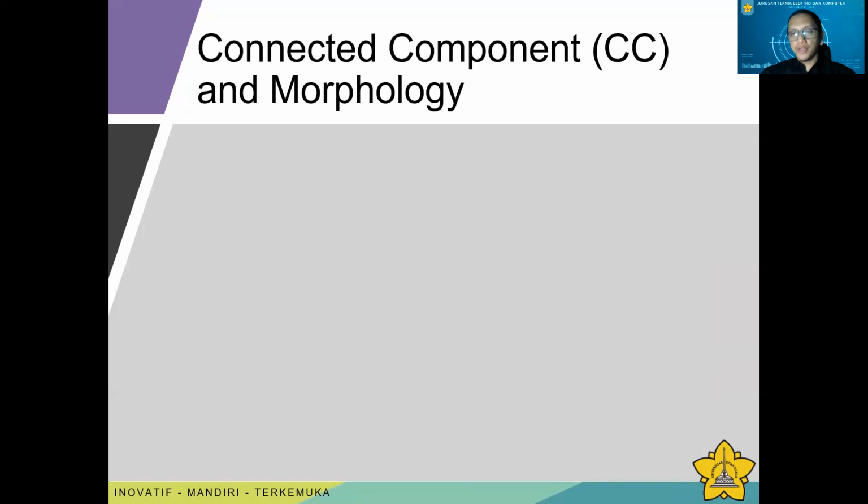Apart from GMM, we also incorporate connected component and morphology in order to extract a very complete foreground region. Not only using the GMM to extract the foreground pixels, we also incorporate connected component and morphology.